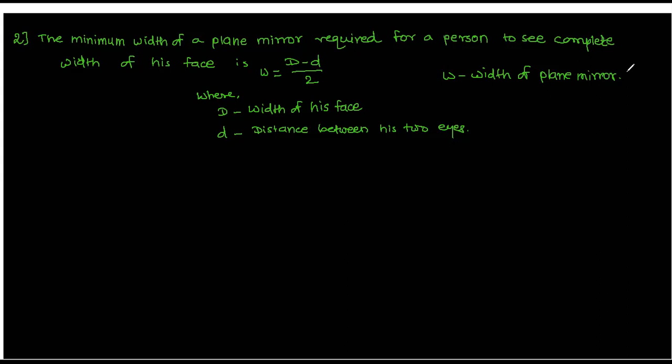and let's move ahead to a very important topic, that is the relation between velocity of object and image. We will solve one problem also on this model. So let's move ahead. This is an important topic: relation between velocity of object and image.